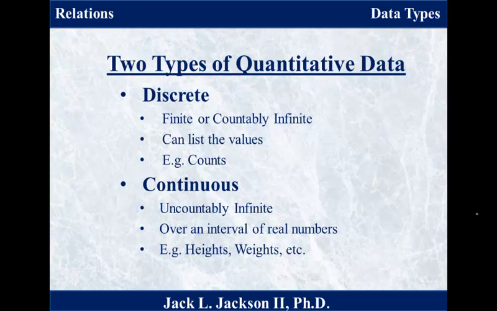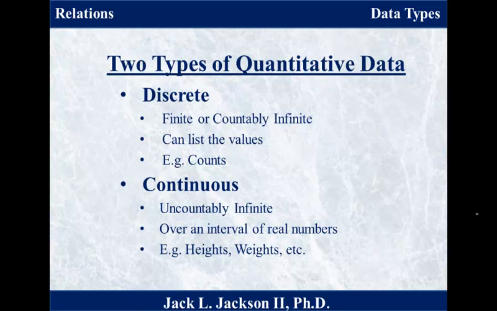So, for example, quantitative data that's discrete would be maybe you're just counting how many defective items you have in a sample that you've taken off of a manufacturing process. Continuous is we're measuring things like heights or weights.